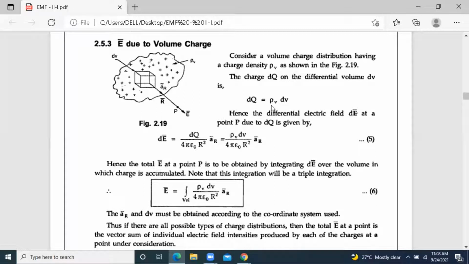So your differential electric field is dq over 4 pi epsilon naught r squared AR, right? Which is this, rho v dv if you substitute dq in this equation. So to find your total electric field for the entire volume of charge, you will have to integrate this over the volume.